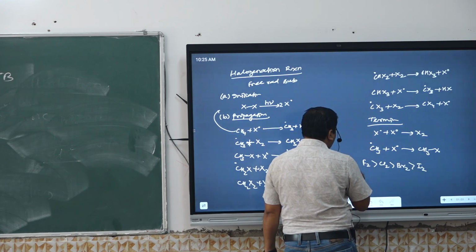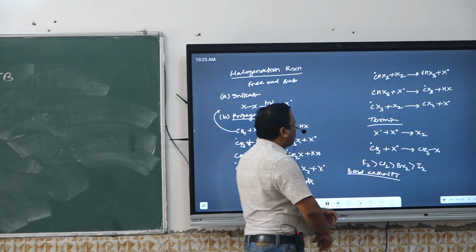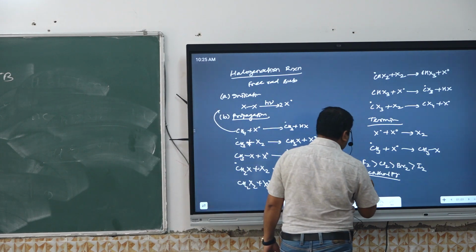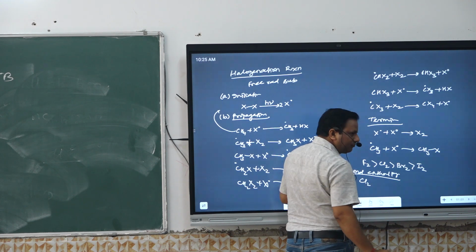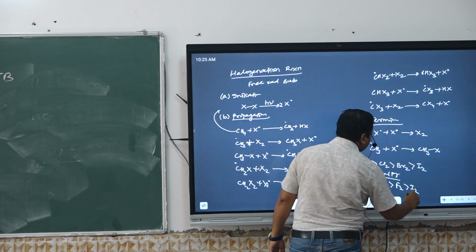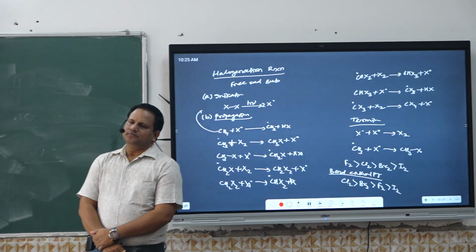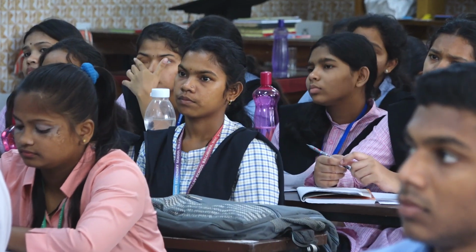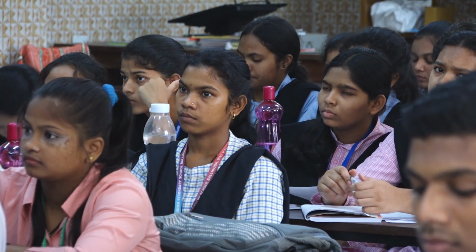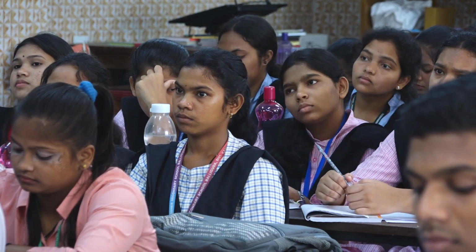What about the bond enthalpy of these four? You have studied this in inorganic for NEET. Chlorine? No, bromine. After chlorine, bromine is there. One is the attraction, another is inter-electronic repulsion.